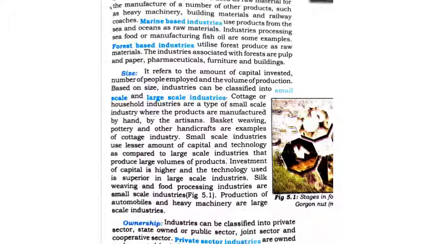But on the basis of the size, there are two types of industries, I mean the small scale industry and the large scale industries. And give some examples and classify it very carefully.